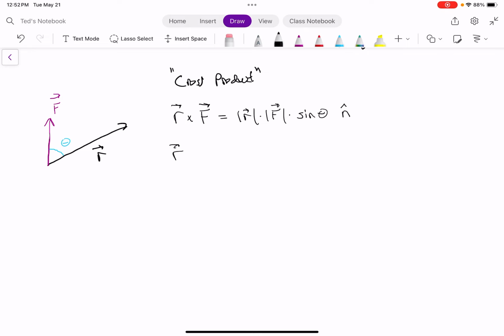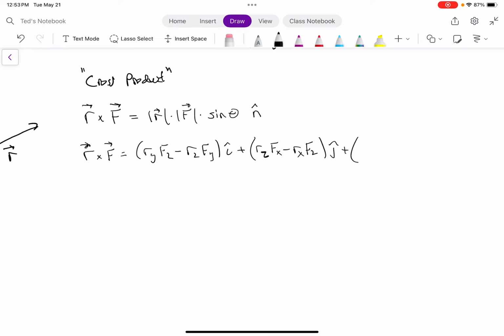So r cross f is equal to, and this gets long, so let me try to write it all out from memory. r y f z minus r z f y in the i hat direction, plus r z f x minus r x f z in the j hat direction, plus r x f y minus r y f x in the k hat direction.